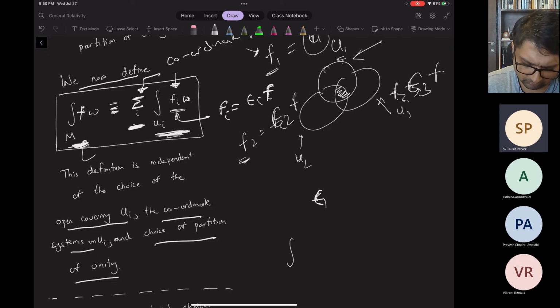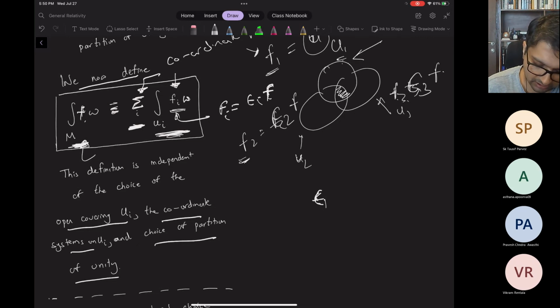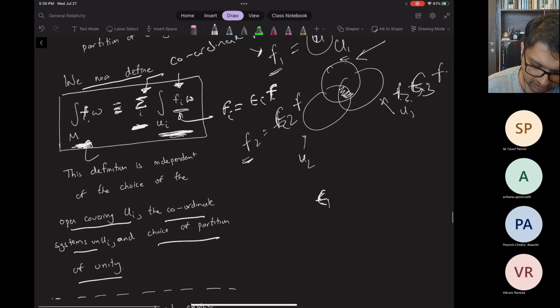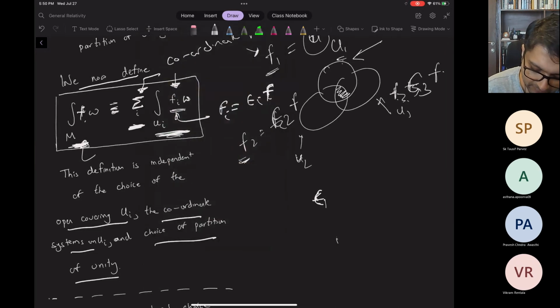Is that correct? Another way of saying it is that I have to give a definition of what I mean by integration over a manifold. It's not that I'm splitting this and writing it as a summation over fi times omega. That's actually not right. f at every point on the manifold can be split into a summation over fi.